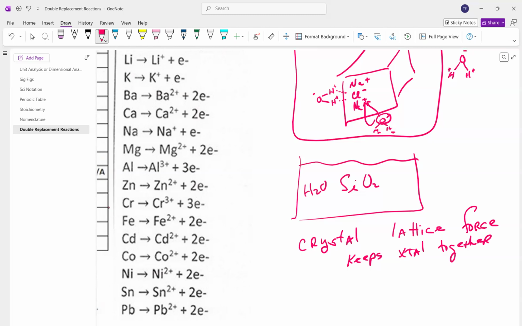That's one force. And the other one is the solvating force, and the solvating force pulls the crystal apart. So the question is, which is stronger? Let's look at sand again. Which is stronger in the case of sand and water? The solvating force or the crystal lattice force?